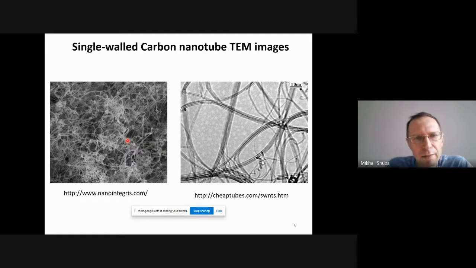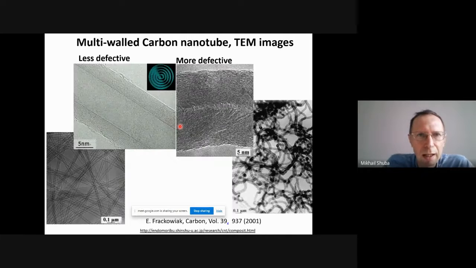So the very high aspect ratio of carbon nanotubes determines their strong electromagnetic interaction in terahertz and microwave ranges. Here is a picture of multi-wall carbon nanotubes. Low defective tubes are straight, and highly defective tubes are curved.